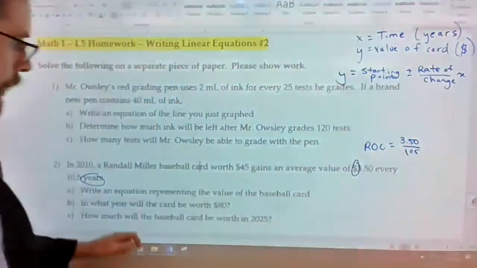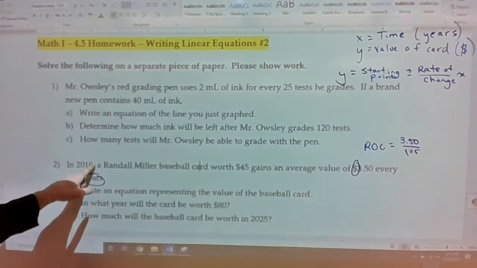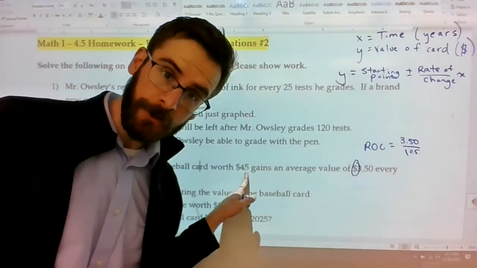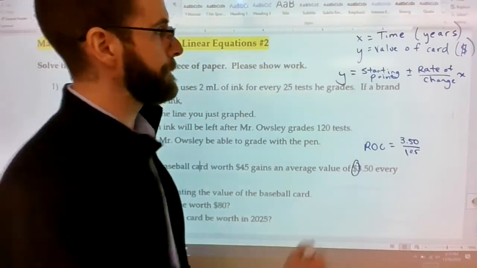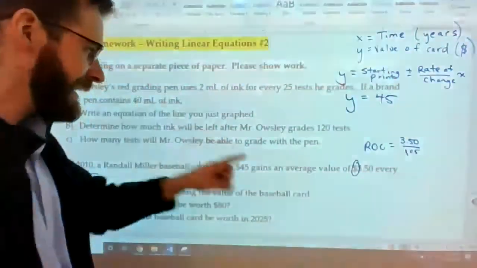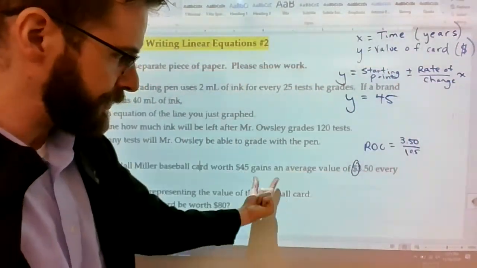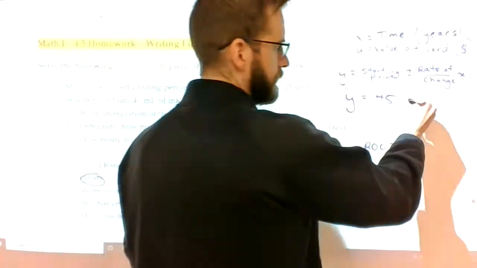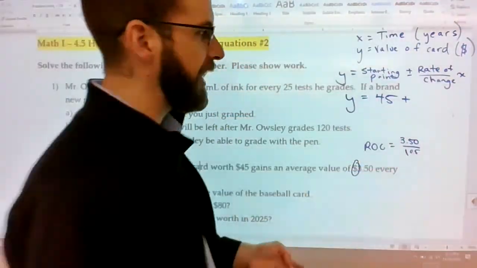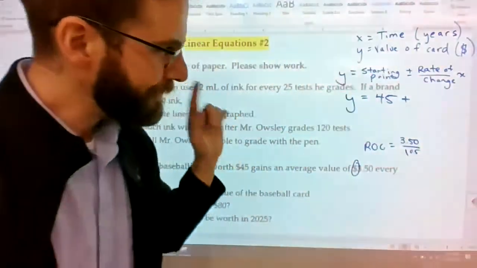Okay? So what's the starting point? A Randall Miller baseball card worth $45. Okay, that's the starting point. Gains in average value, so gains would be plus $3.50 over 10.5x.